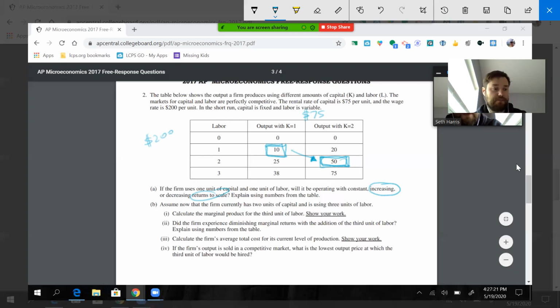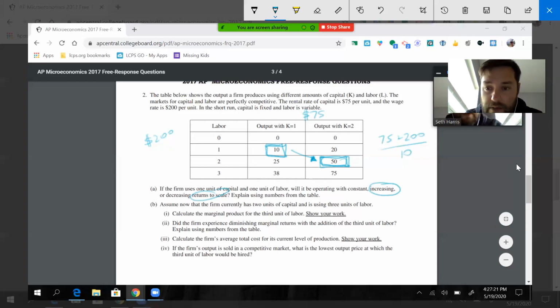Another way you could do it is to actually calculate the average total cost when you double output. So we have the values here, so we have 1 and 1. I'm going to calculate the average total cost for 1 and 1. So we've got capital and we've got 1 wage, and then we divide that by our output.